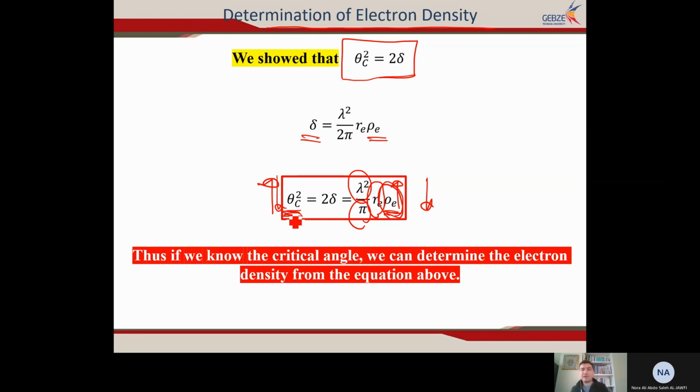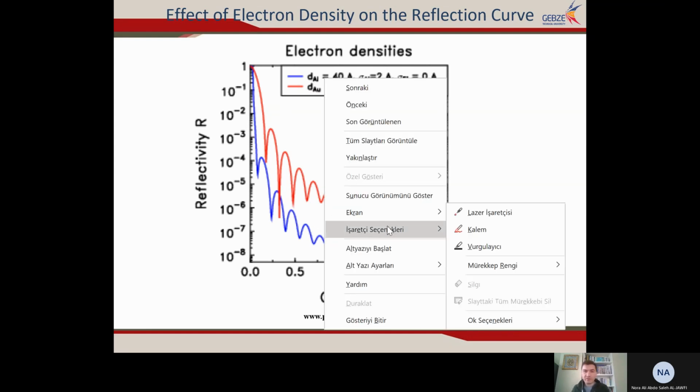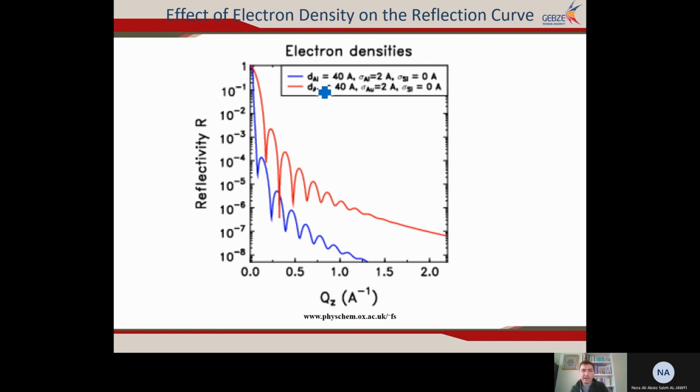So now let's have a look at the effect of the electron densities on the X-ray reflectivity curve. Here again you see two curves, red one and blue one. Let's start with the blue one again. What is the blue one? Aluminum. The thickness of the aluminum is 40 angstrom, and the roughness of the aluminum is 2 angstrom.